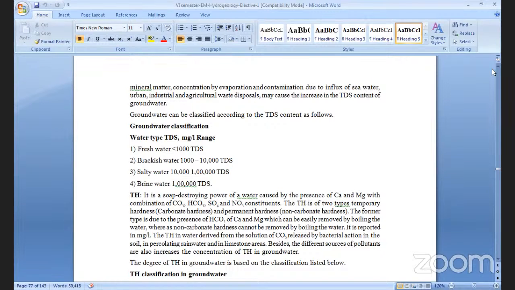That is related to carbonate hardness, and permanent hardness is associated with non-carbonate hardness, which we cannot remove. The carbonate hardness consists of carbonates and bicarbonates, and generally it is associated with calcium, magnesium, and potassium also.